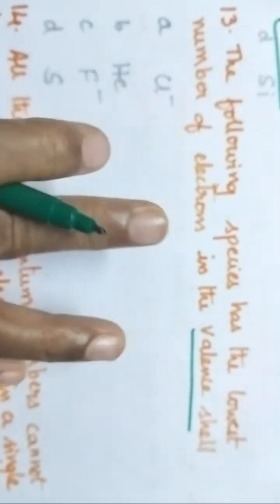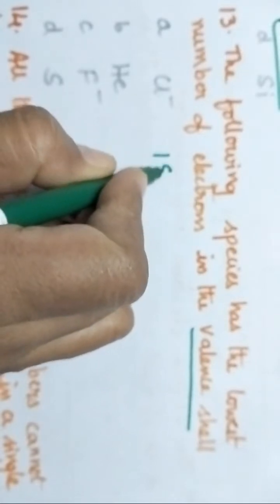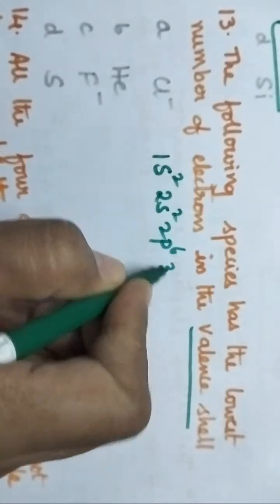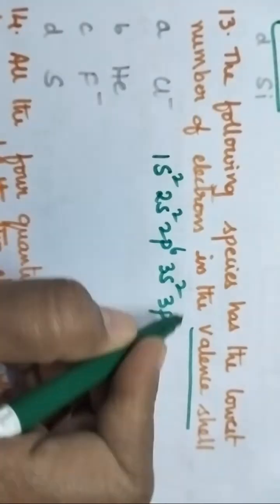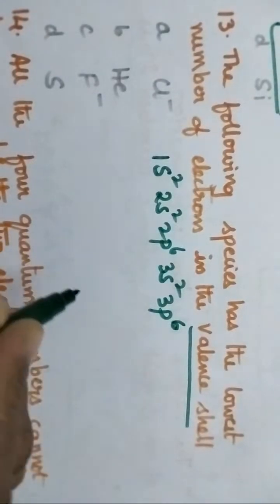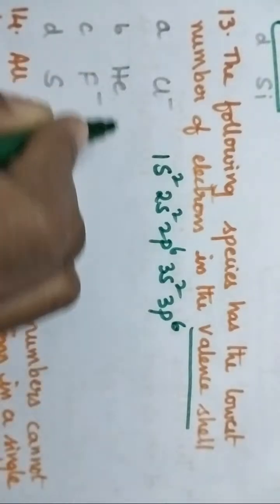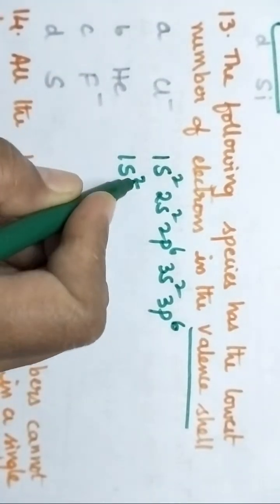That is chlorine atom, 17 atomic number. Configuration 1s2, 2s2, 2p6, 3s2, 3p5. But here it is Cl minus, that means 3p6. Next, coming to helium, atomic number is 2 and hence 1s2.